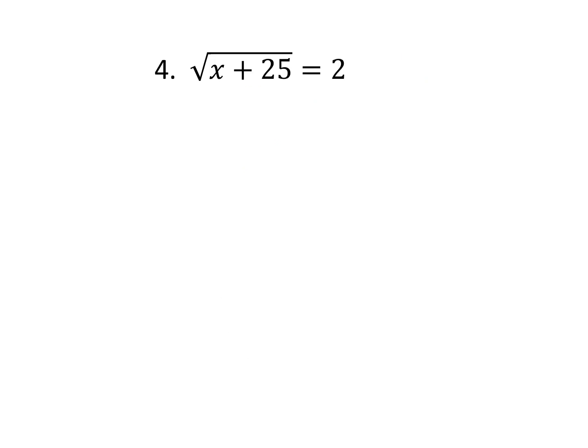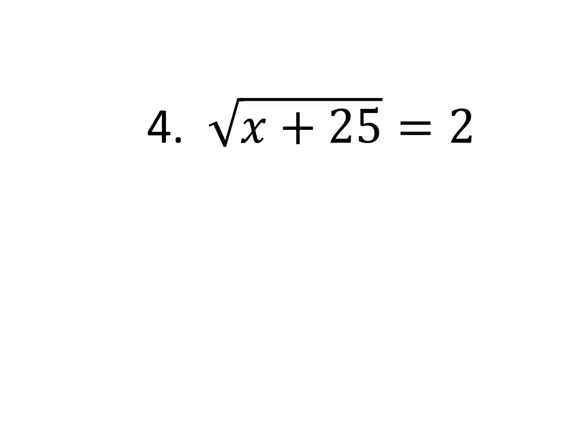This is a square root, which means it's got an invisible what? 2 in the index. There's a 2 right here, which means you're going to take it to the power of 2. All right. Something I should probably note is that you're not squaring any of this stuff on the inside. The only reason you're taking it to a power of 2 is so that you can get rid of the root.